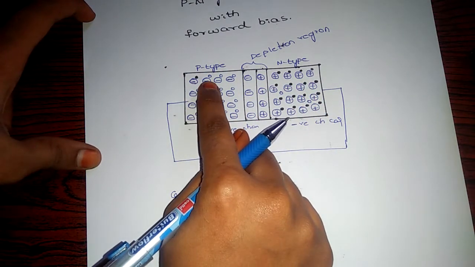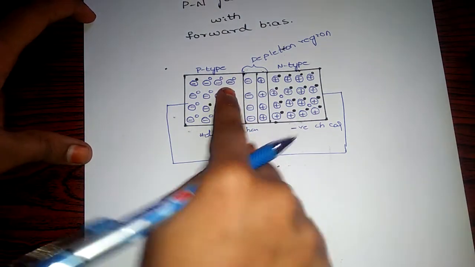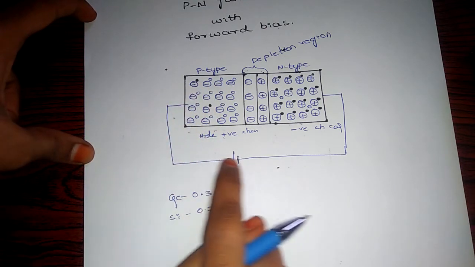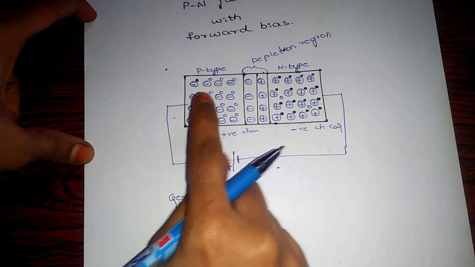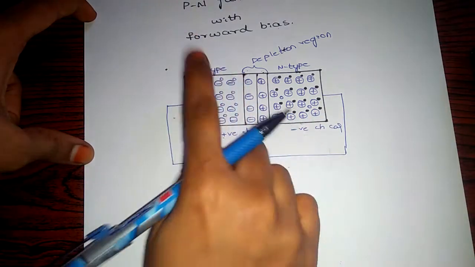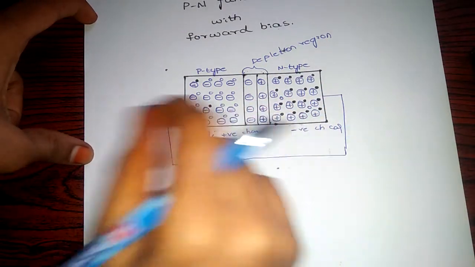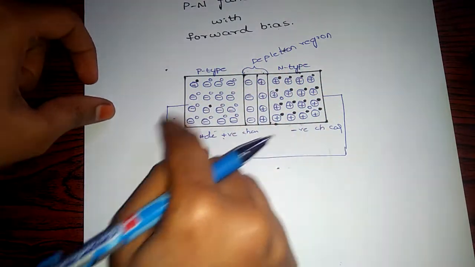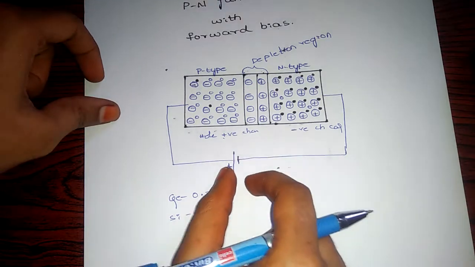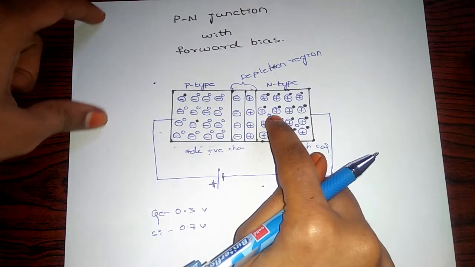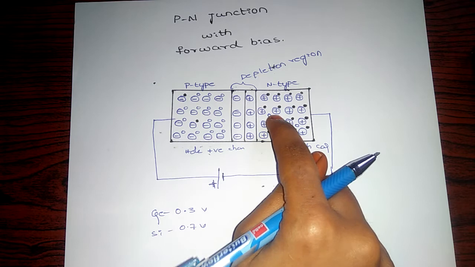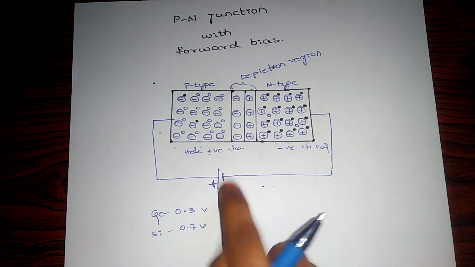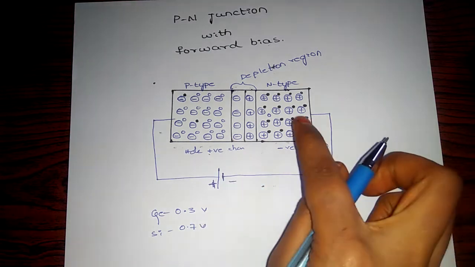But here we have minority charge carriers as electrons, which are negative charges and will be attracted to the positive terminal without contributing any current in the forward bias. They don't participate in forward bias, they are just attracted towards the terminals. And here we have minority charge carriers as holes, which are attracted by the negative terminal, so they don't contribute.